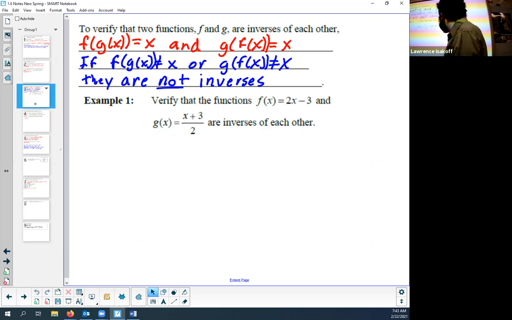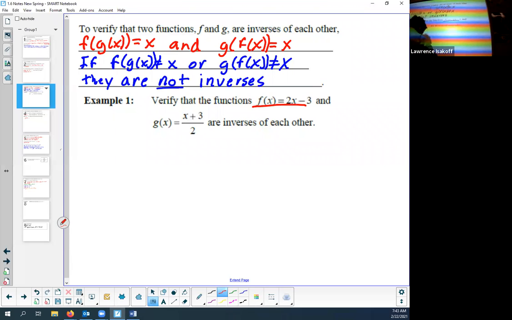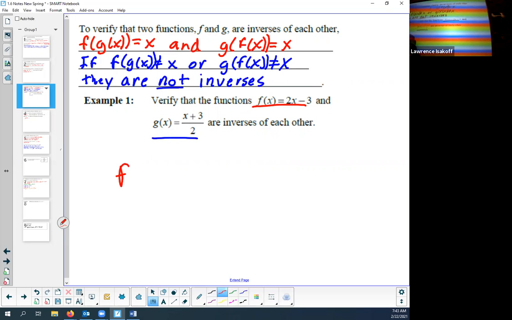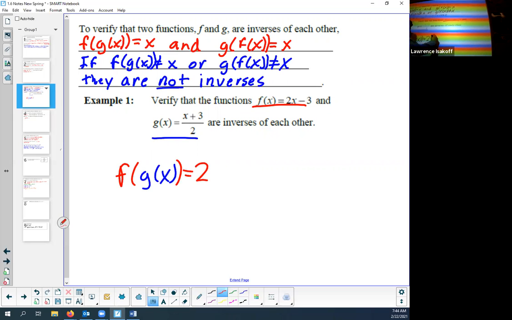So verify that these are inverses of each other. I'm going to do f of g of x, then g of f of x. I'll do that one in red, this one in green. So I'm going to start with f of g of x. f starts out with 2, then it has x.